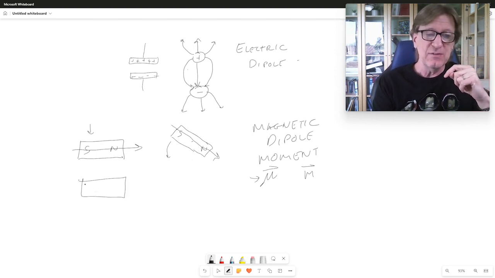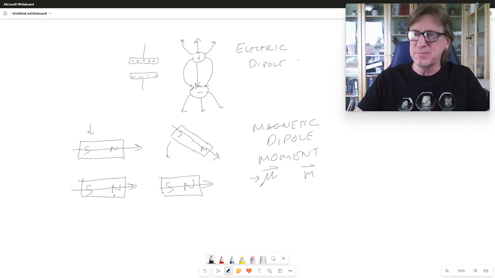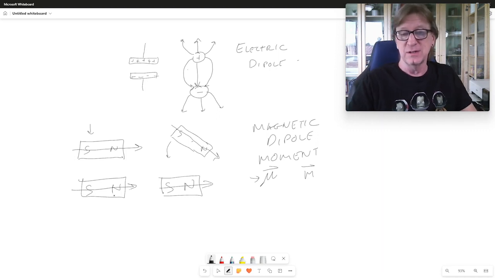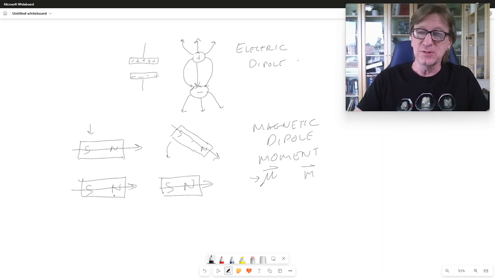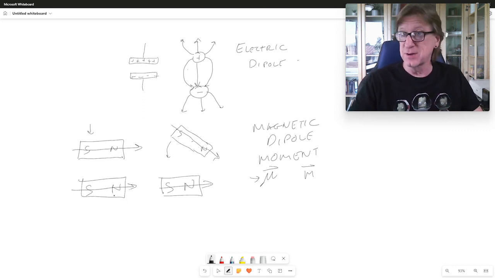If I have my north and south lined up, so that my magnetic moments are lined up, I'm not going to get any torque at all, and so it's not going to rotate. So the direction of it matters a great deal. Therefore it is in fact a vector. It's got a magnitude, it's got a direction.